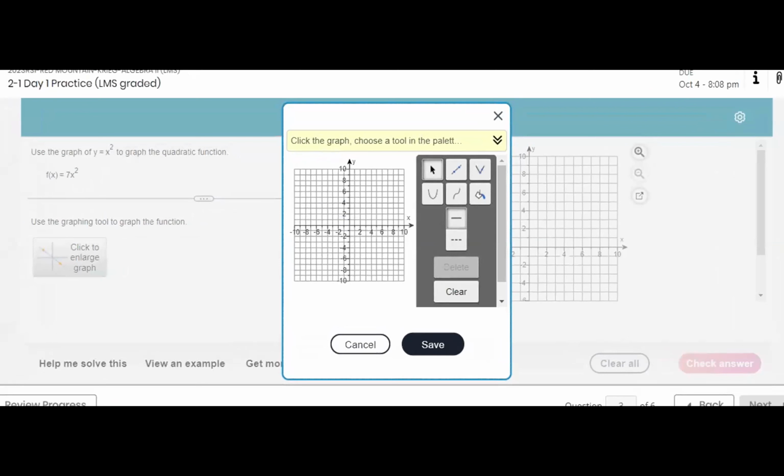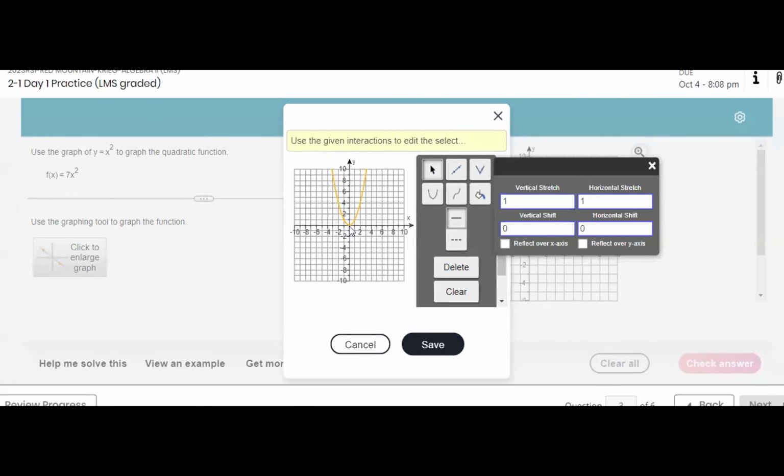But the only thing that is different about this compared to the parent function is that stretch of 7. So you're going to grab the quadratic tool and start it at 0, 0. Now do you see on the right where it says vertical stretch? You're going to change that to 7.